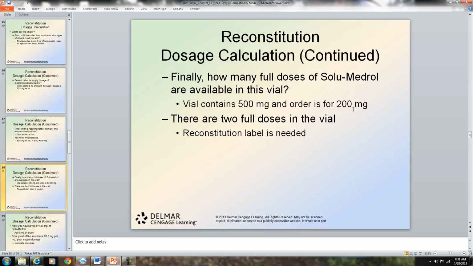If I am looking for how many doses I could get, 200 will go into 500 2 full times. So you would be able to give 2 full doses out of that vial, and then you would have 100 milligrams left over.